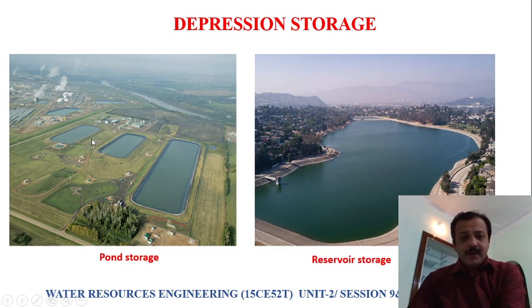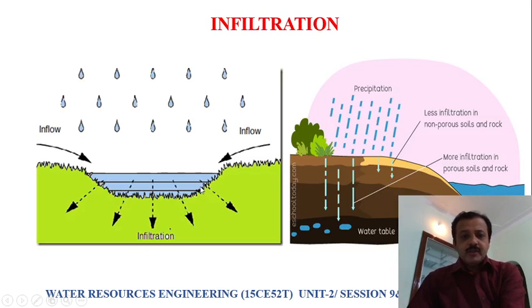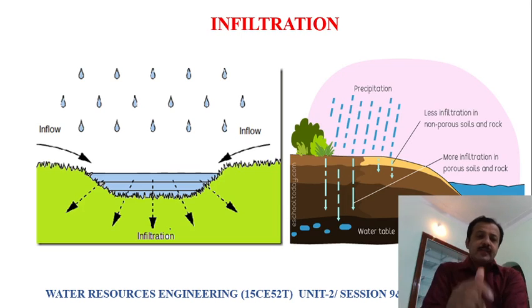And this part of the water which is stored in the form of depressions, we call it as depression storage. Next is infiltration. What is this infiltration? It is a process by which the water enters into the earth's surface and moves into the earth's surface, right? This we call it as infiltration.